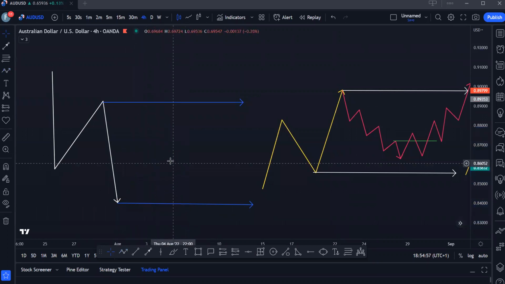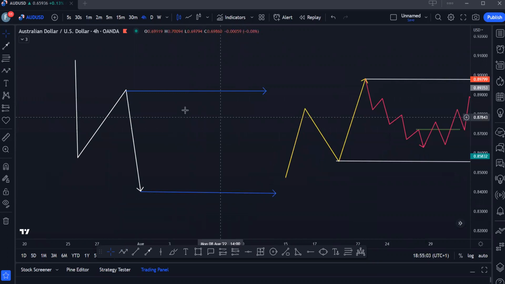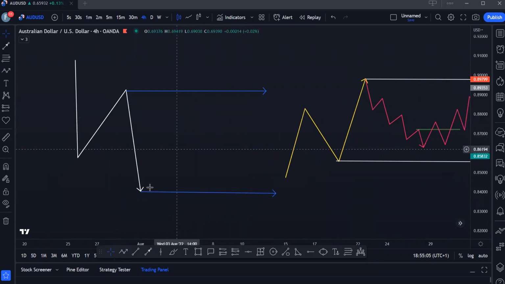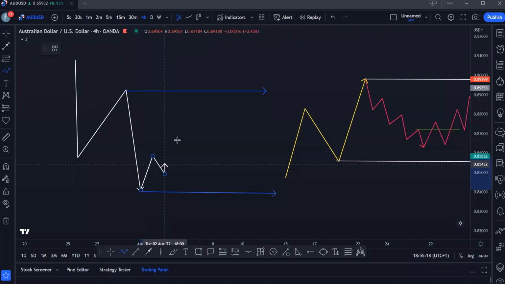But minor structure would help us know where the reversal is going to happen. Any structure that happens in between higher lows, lower highs, and lower lows is minor structure. So in this case, you'd have something like this, right? Minor structure being created. Okay. New highs being created like so.